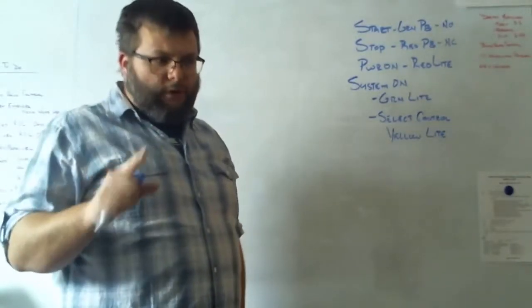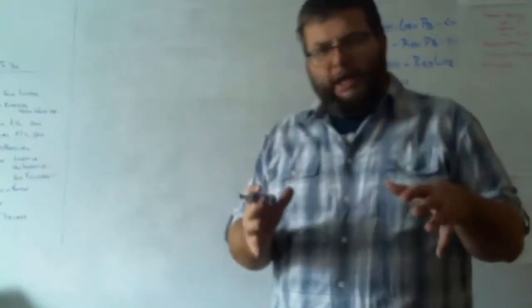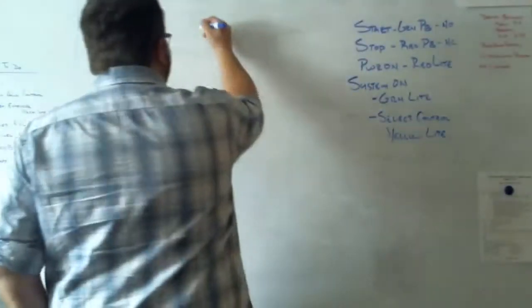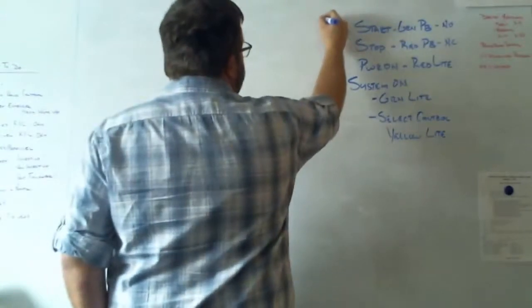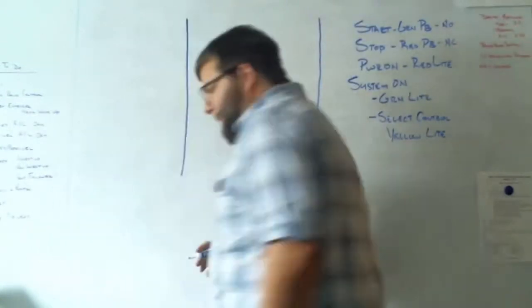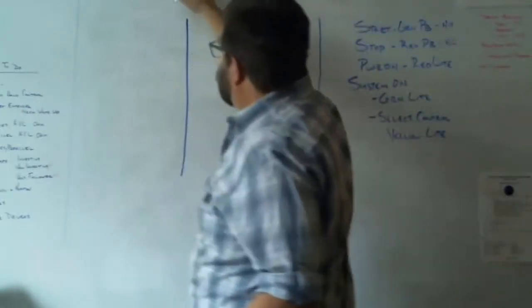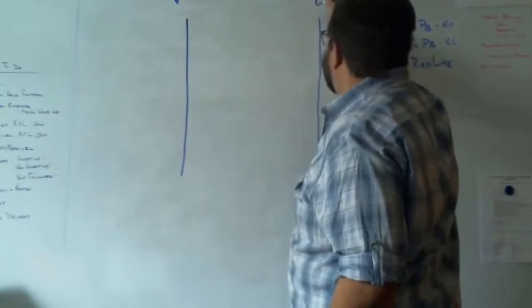So the first thing that needs to happen with a control system in relay logic is that we have to have the rails. So the rail, we're going to have voltage and then common.